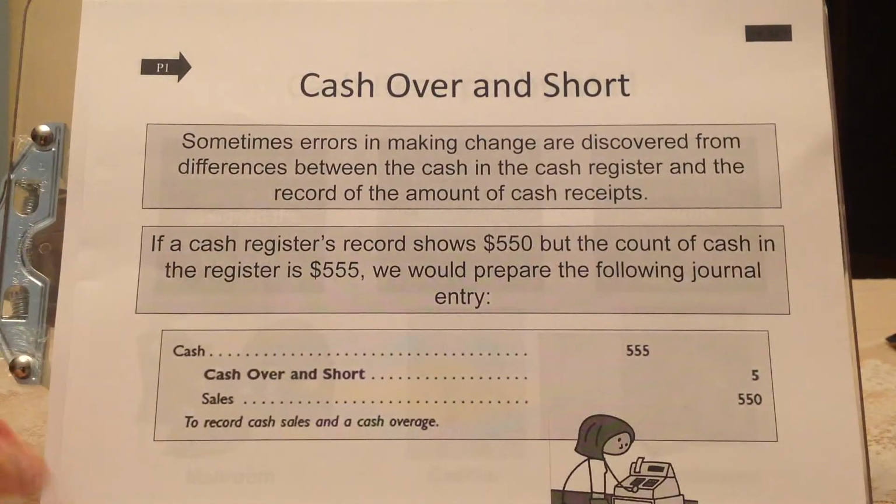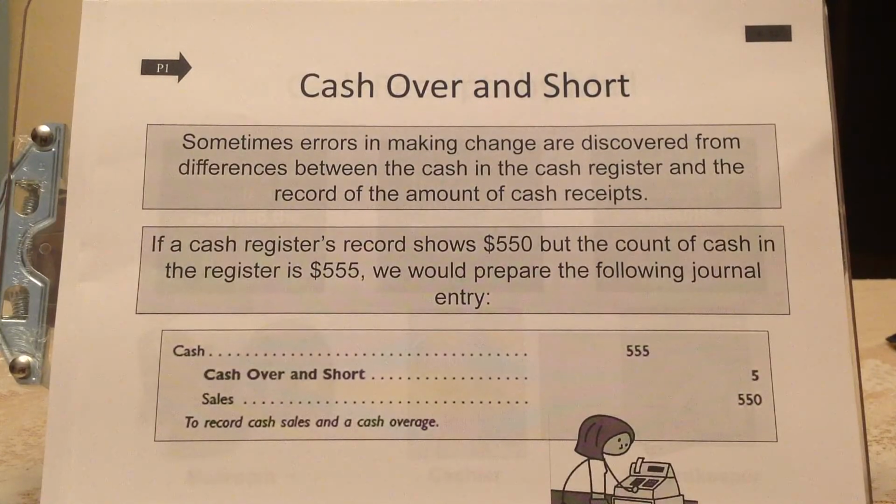Cash over or short. Sometimes errors in making change are discovered from differences between the cash in the cash register and the record of the amounts of cash receipts. If a cash register's record shows $550, but the count of cash in the register is $555, we would prepare the following journal entry.